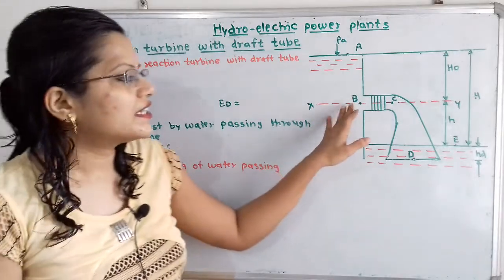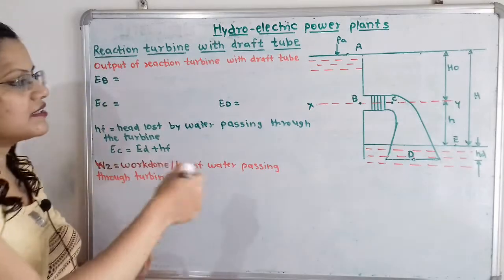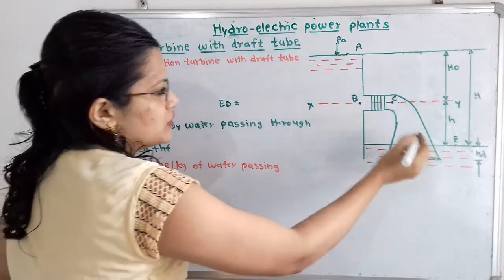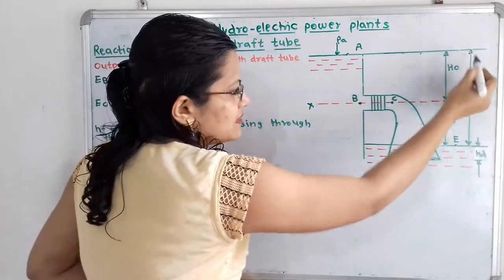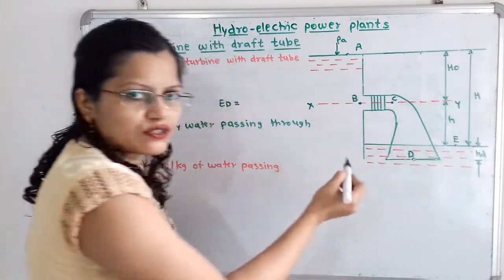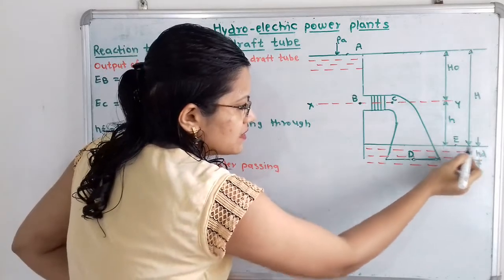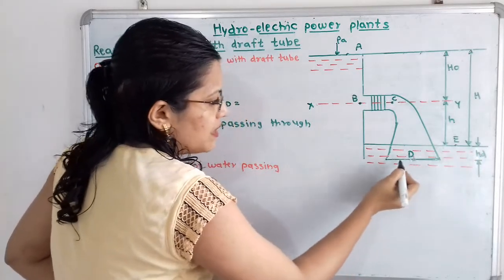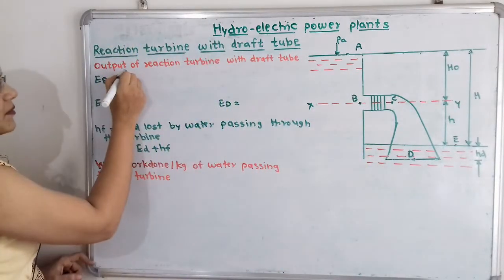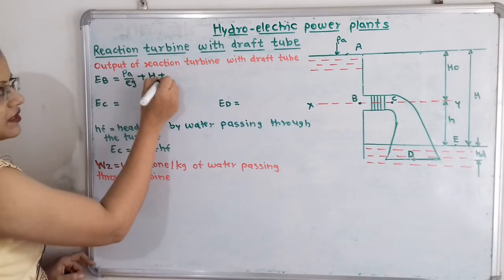So I will write in another form: PB by rho g is nothing but PA by rho g, plus we have to add the net head, capital H, plus, because the other side is not open to atmosphere, we have to consider the vertical distance between the tailrace and the outlet of the draft tube, that is HD. So energy at point B is nothing but PA by rho g plus capital H plus HD.